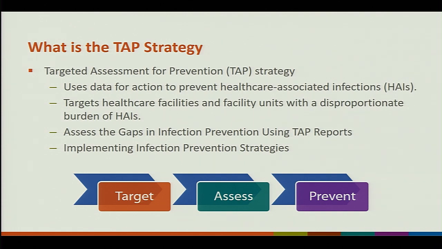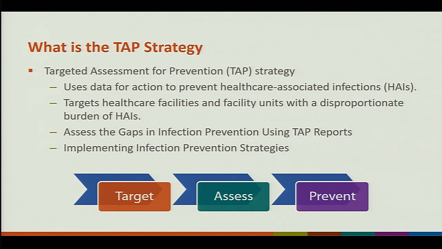And so we must know that this facility is doing something, right? Their SIR is less than one. They're where we expect them to be, or comparatively have fewer infections than what we would expect for a facility of that size.